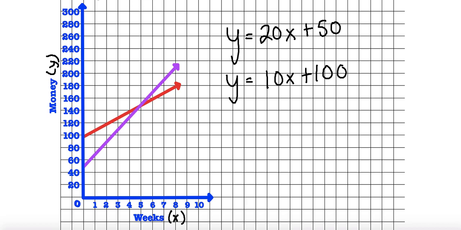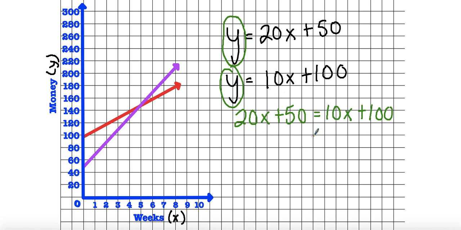And now with these two equations, if I want to know when we'd have the same amount, that would mean that our savings, y, would be the same. So if y would be the same, then that would make these two equal to each other. And then in that case, we would have 20x plus 50 is equal to 10x plus 100.